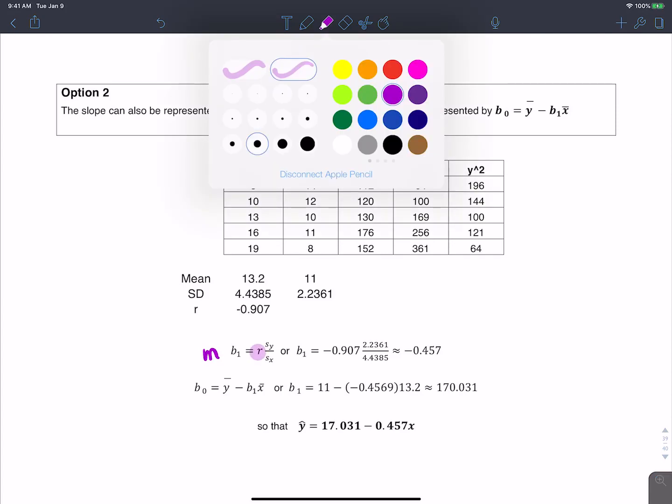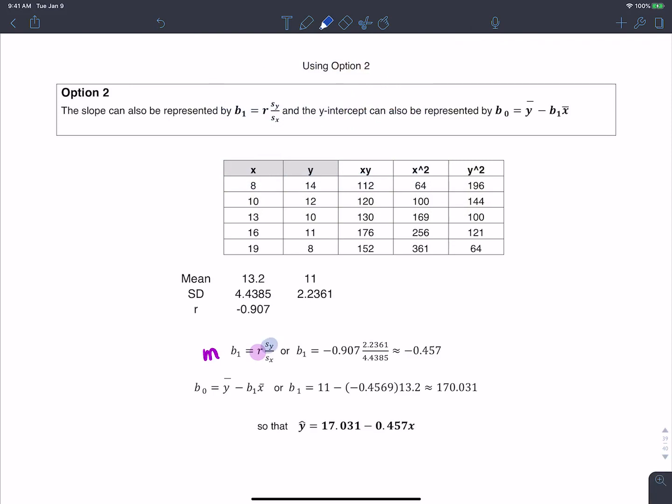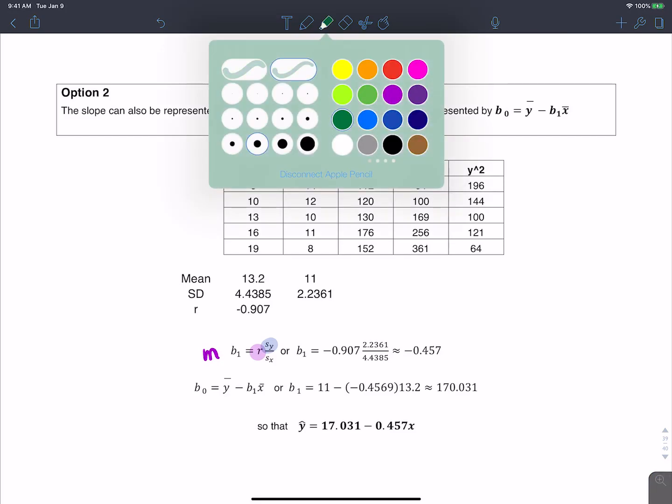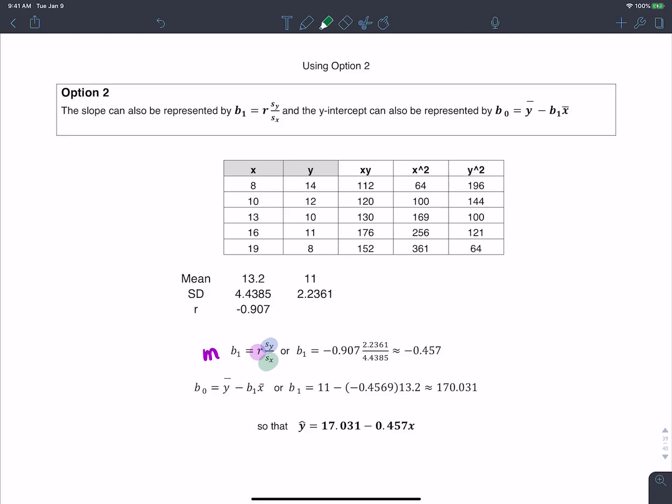I need the SY, that's the standard deviation for the Y variable. And let's change that color to maybe green. That's the standard deviation for the X variable. So all I did with this second option is to say, okay, my slope here, M, well, I already have the R value.